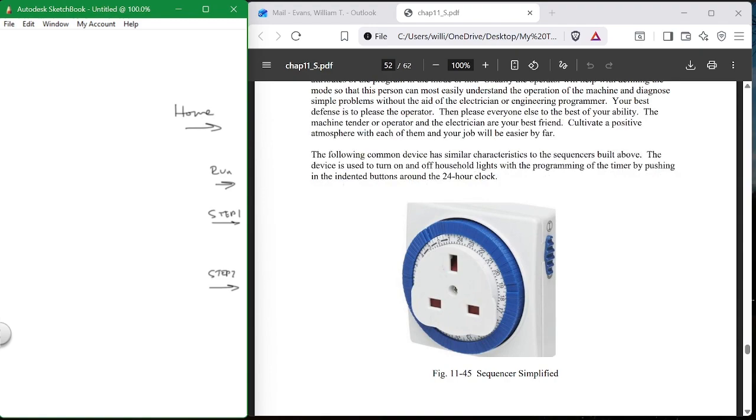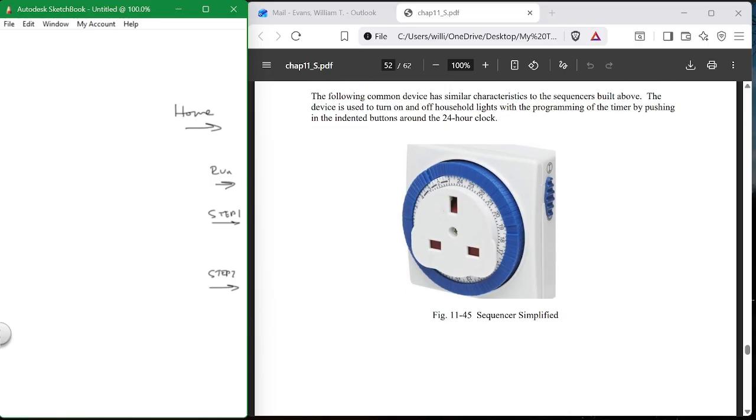It's a programmable one. Do you ever realize that? It's all based on time. What is that? That turns on your lights at night if you're away, right? It turns on like a lamp or whatever. It turns it on and turns it off. Makes it so that you can make it look like you're home when you're not home. Or turn on and off your Christmas lights or whatever, or your Halloween lights.